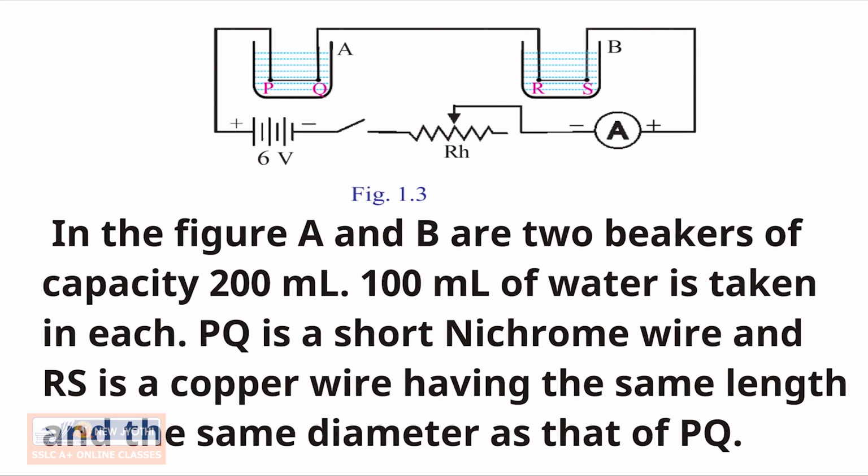The temperature in the beaker containing nichrome wire is greater than that in beaker B, which contains copper wire. So this shows that nichrome wire having more resistance is affecting the heat generated. So in this experiment, the resistance R is influencing the heat generated in the conductor.